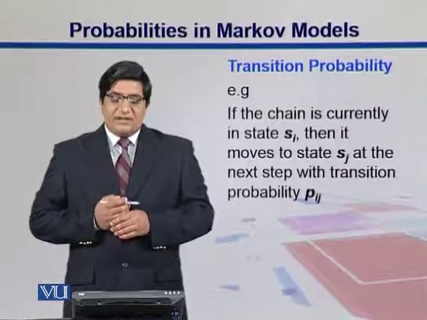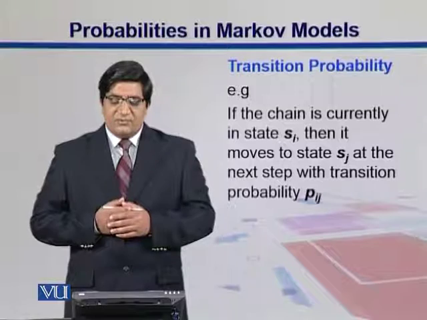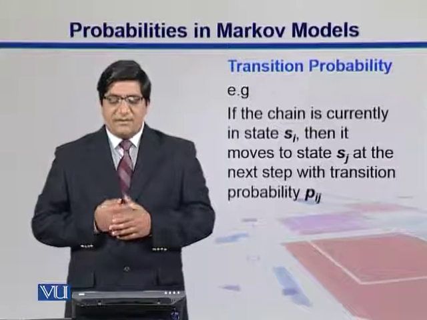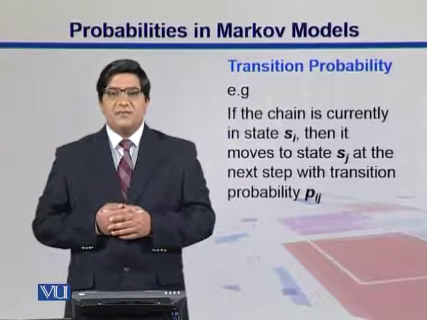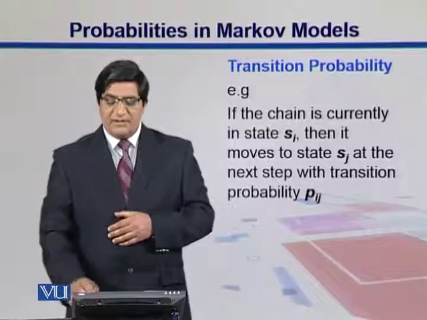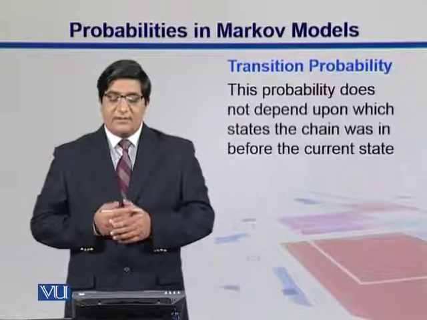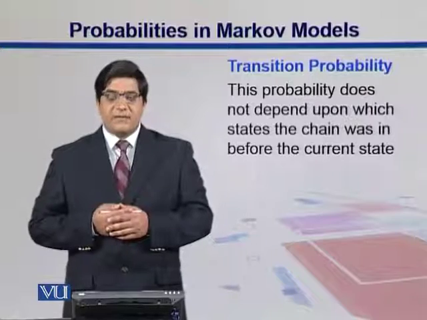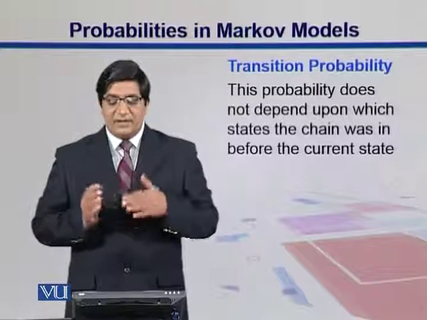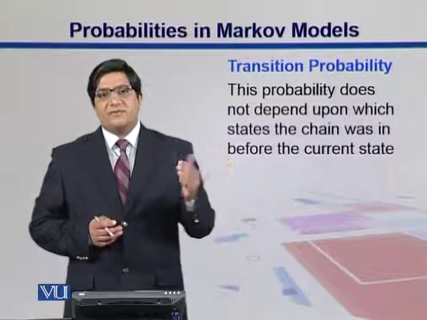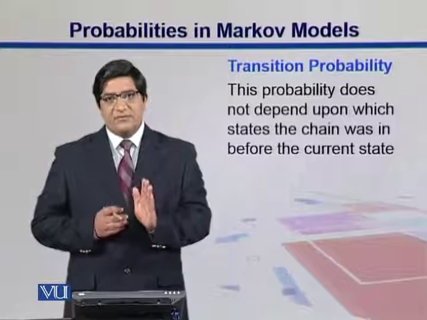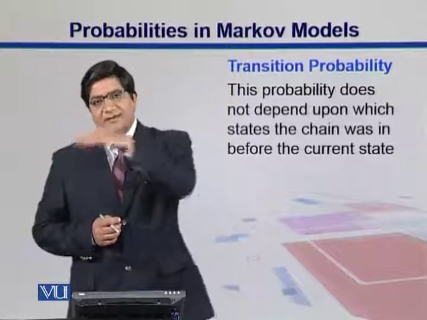So if the chain is in current state Si, then it moves to state Sj at the next step with the transition probability. We represent it as Pij. And remember guys, this probability does not depend upon which state the chain was in before the current state. So now you are in the current state, and you want to switch to the next state.